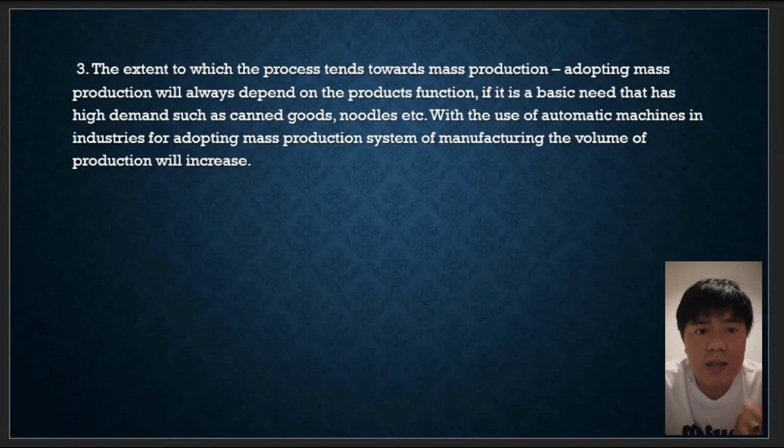If it is a basic need that has high demand, such as canned goods and noodles, etc. With the use of automatic machines in industries adopting mass production and systems of manufacturing, the volume of production will increase. So that's all.